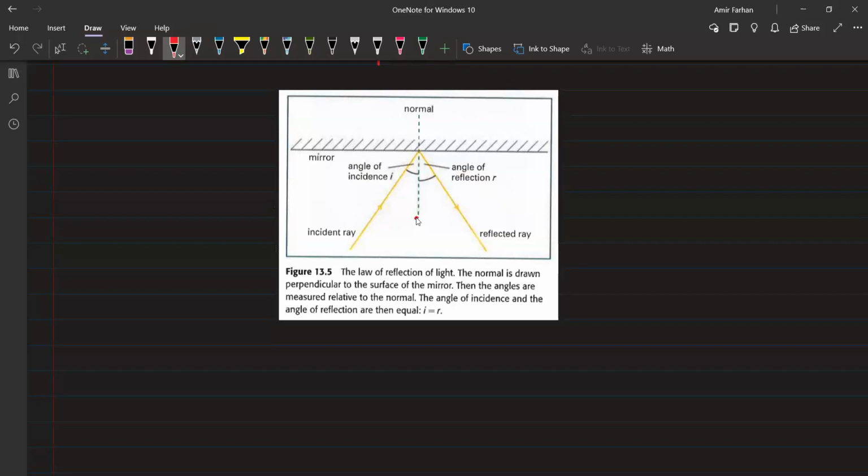When you stand in front of a plane mirror, your image is formed. Suppose you are standing here at a 10-meter distance. In front of a plane mirror, your image will look like you are also standing 10 meters behind the mirror. Yes or no?